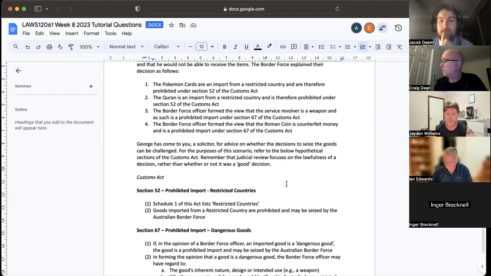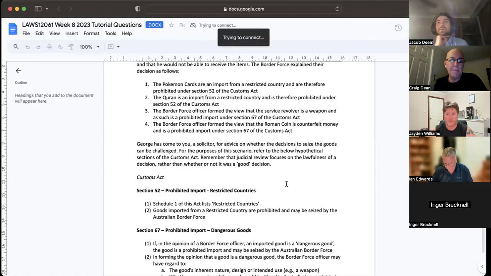Is there flexibility or discretion there? No, there isn't. No, right? So it's the country is either on the list or it's not. It's either a restricted country or it's not. And the border force doesn't get to decide if a country is restricted or not, right?